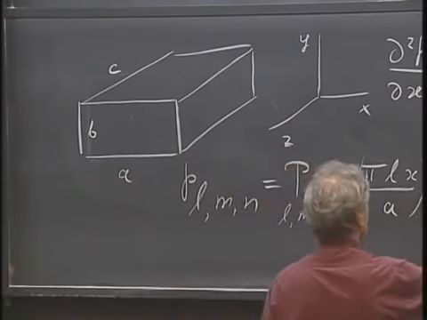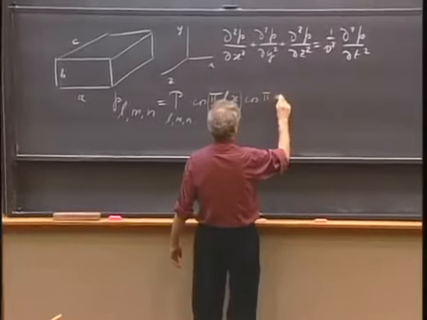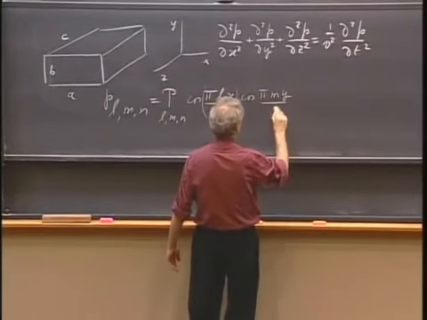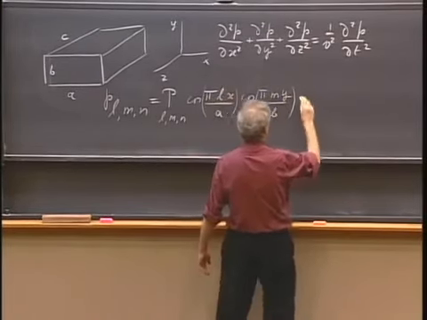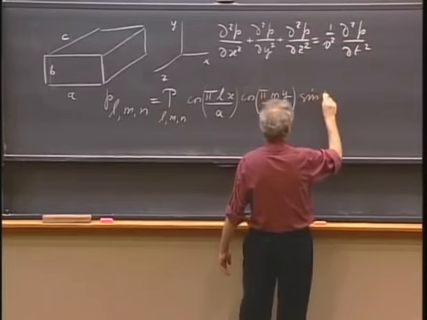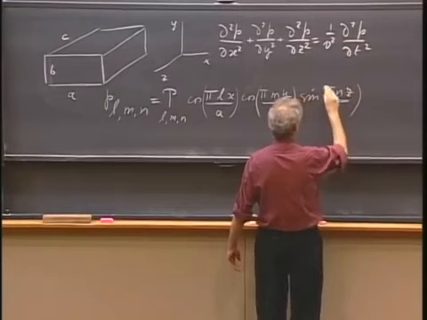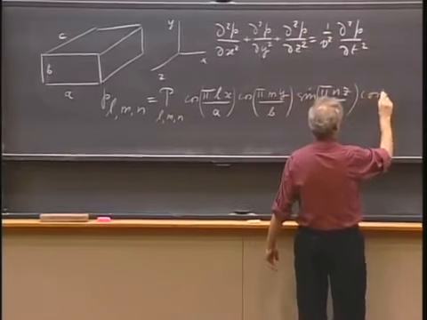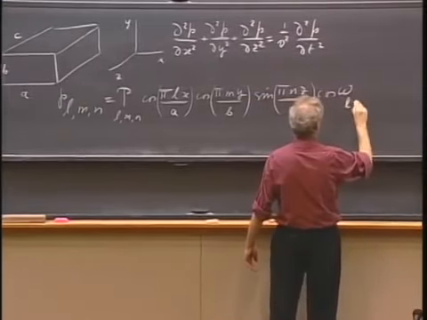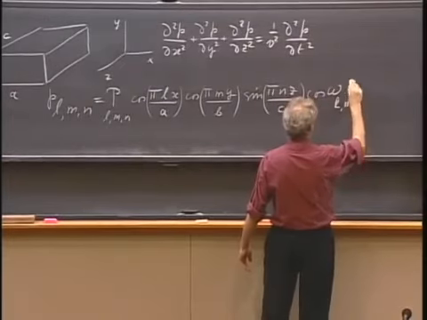And then I get the cosine of pi times M times y divided by b. And then I get the sine of pi times N times z divided by c. And then I get the cosine of omega LMN times t.